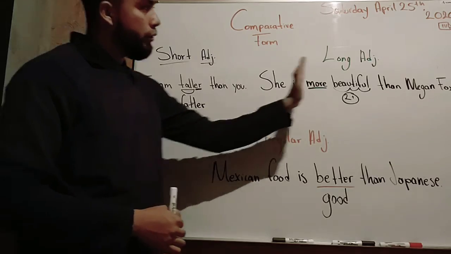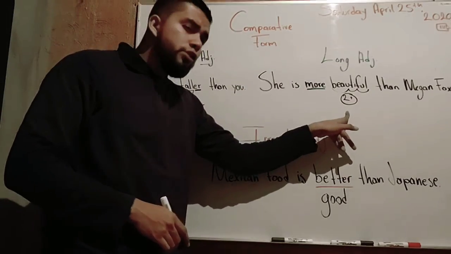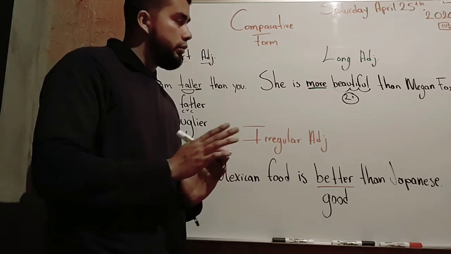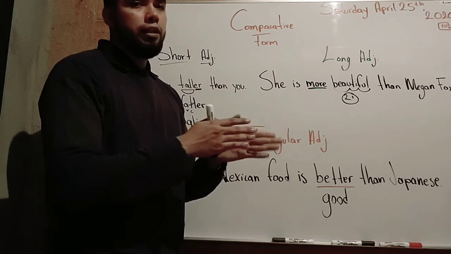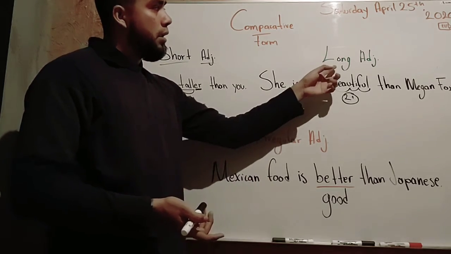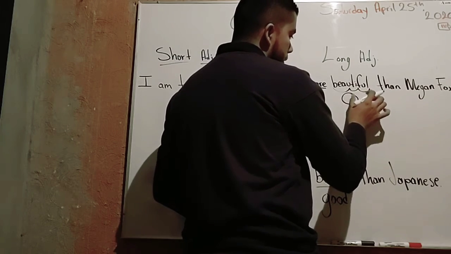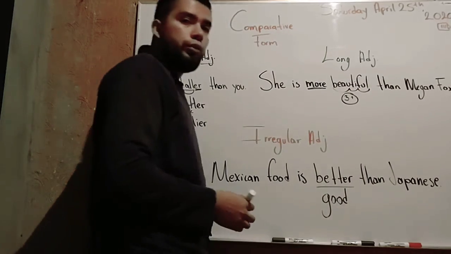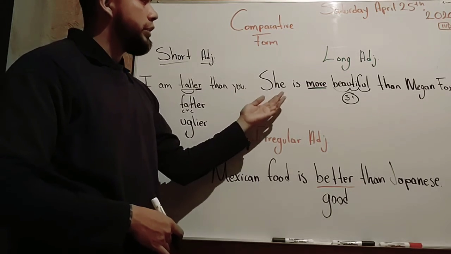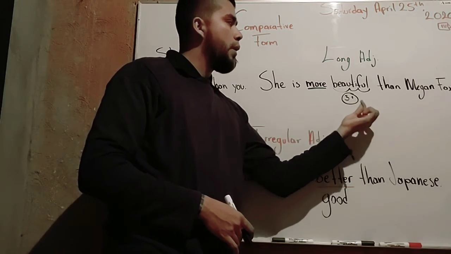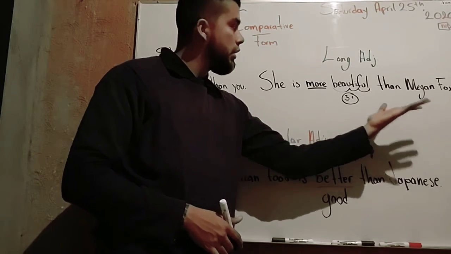Then let's move on to long adjectives. Here, are there 2 syllables to indicate that an adjective is long? No, it's actually 3 syllables or more. Yeah? In this case, we have: she is more beautiful than Megan Fox.